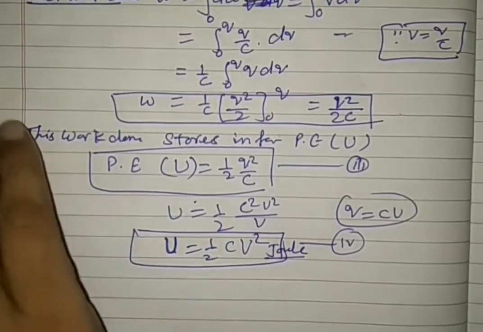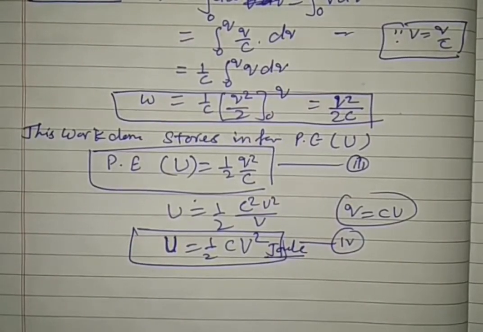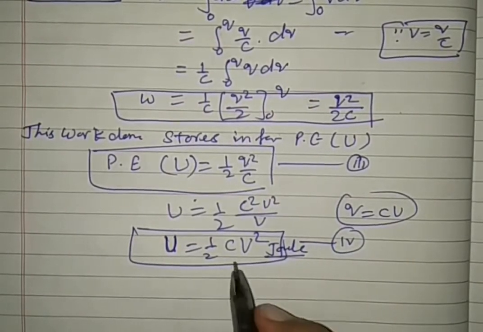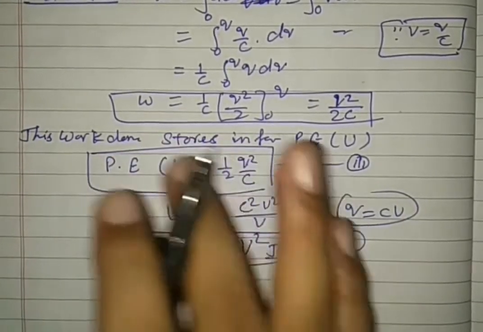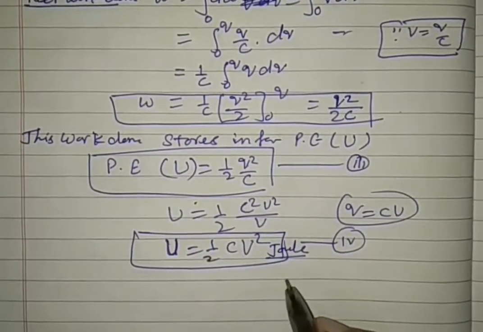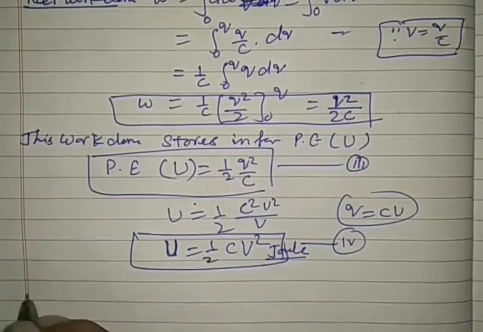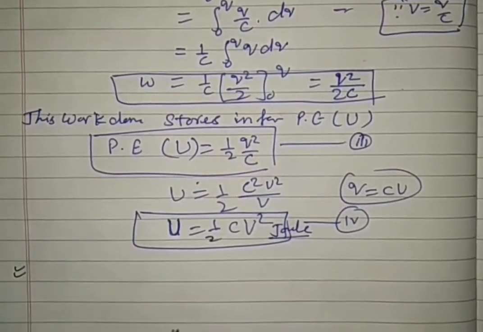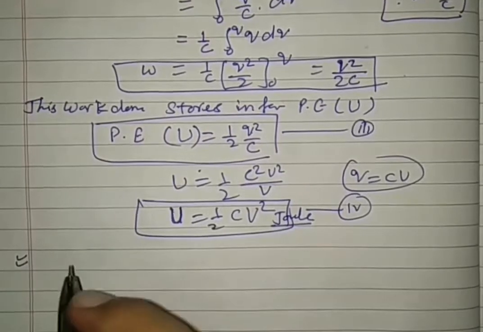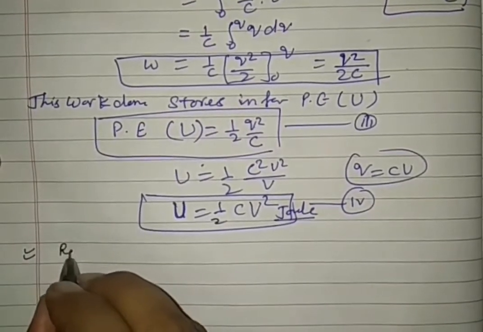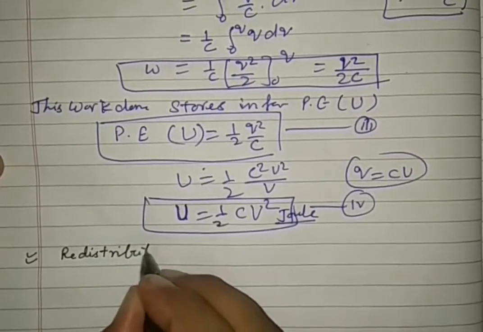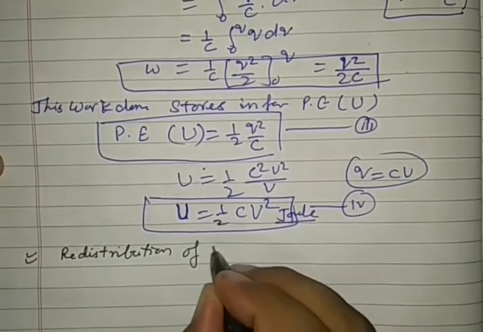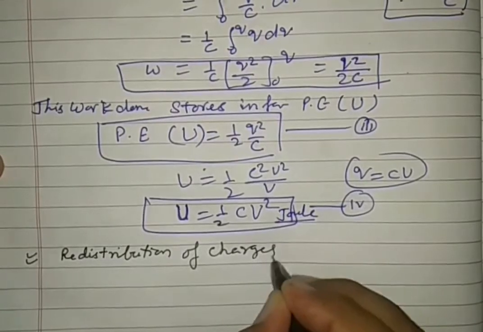Actually my plan was to derive another derivation by using this formula, half CV square. That is why I have shown in front of you the derivation of a small topic. The main topic of this lecture is redistribution of charges.